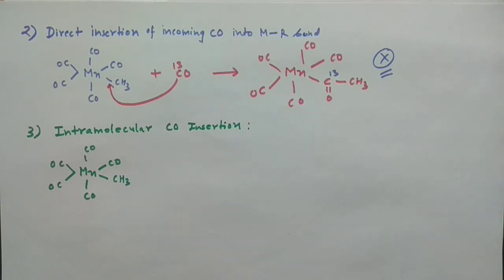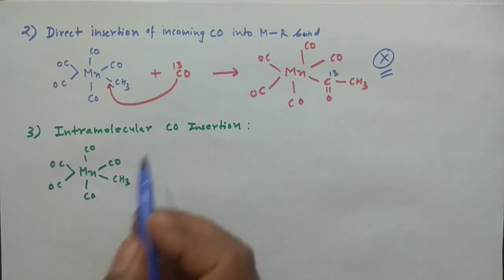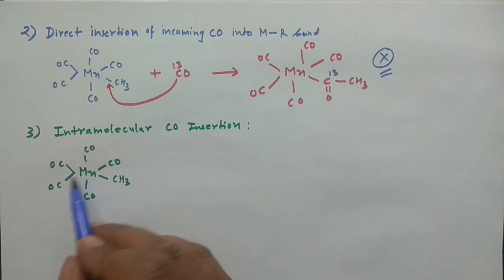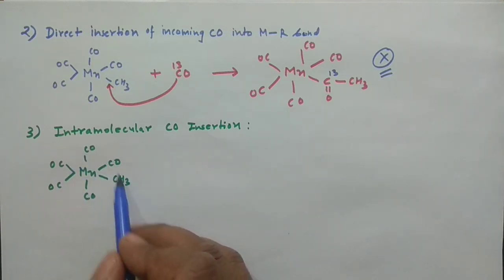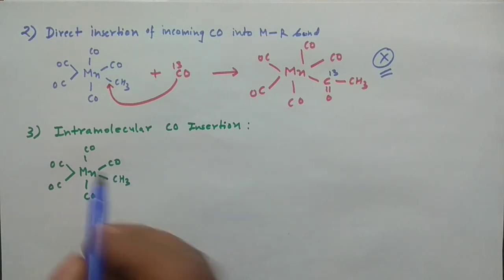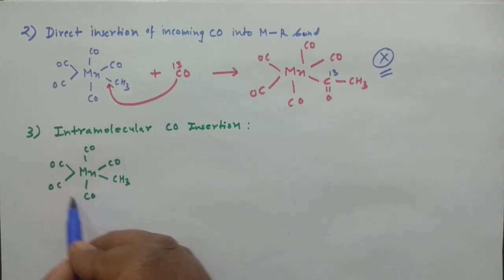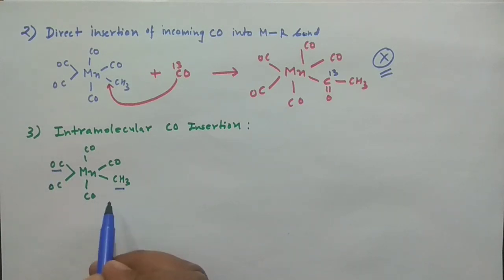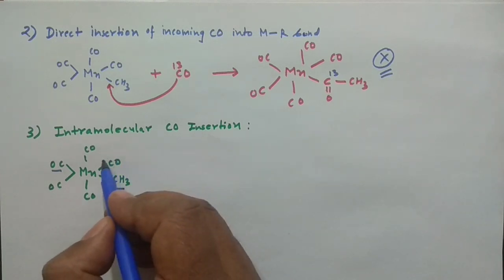Now what will happen? I'm going to discuss the intramolecular CO insertion. That means within the molecule, one of the CO groups which is cis to this CH3 will insert. So this can insert, this can insert, this can insert, this can insert, but this cannot, because this and this have the trans relationship. So for simplicity, I'm going to discuss only one way.